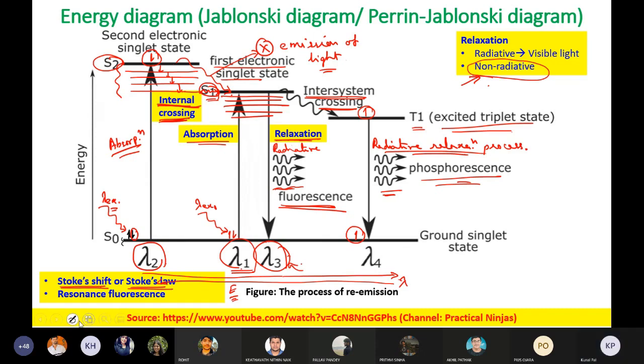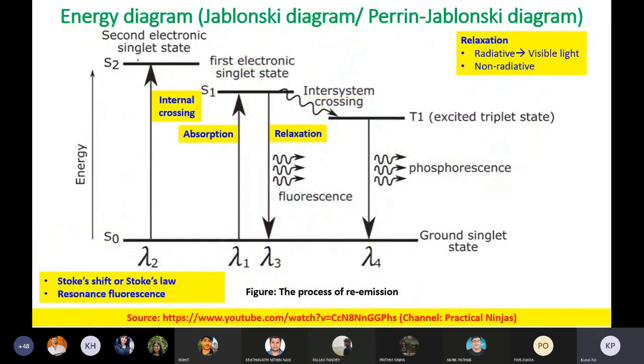Okay, now there is another word. If you see over here, I have kept resonance fluorescence. So in the resonance fluorescence, what happens? We consider the case that there are no vibrational levels, and there are only S0, S2, S1 and T1, whatever I have shown.